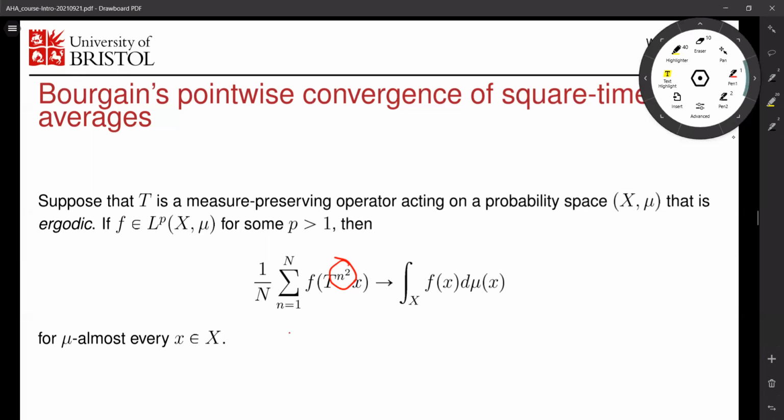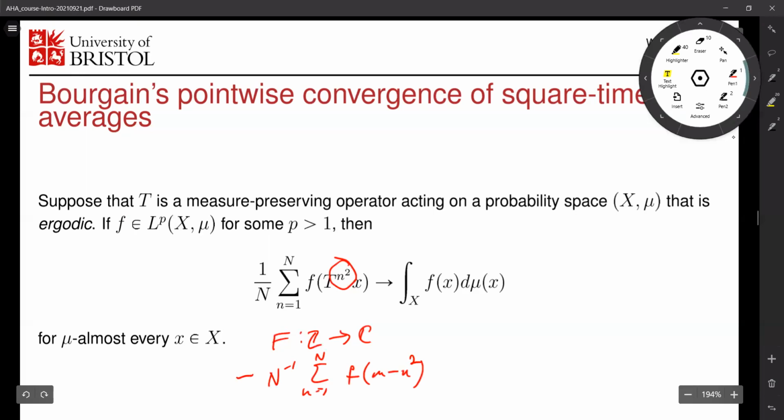If I take a function f on Z, to say complex numbers, and I look at these averages, I define this as A_n f of m.